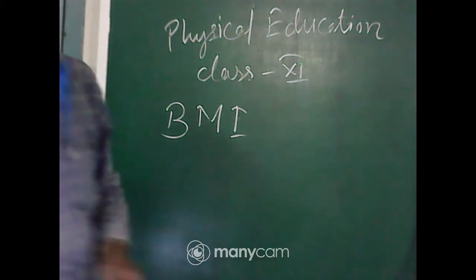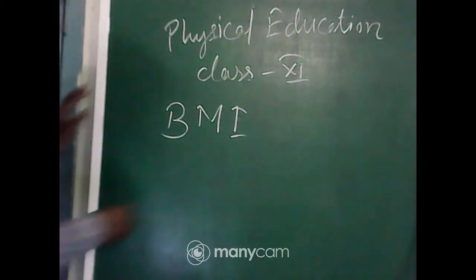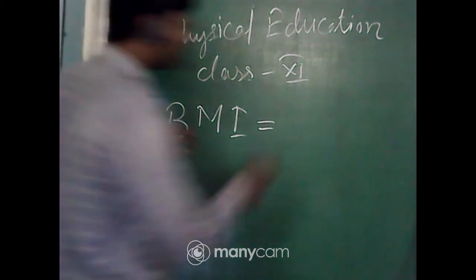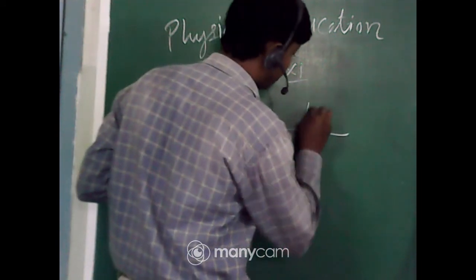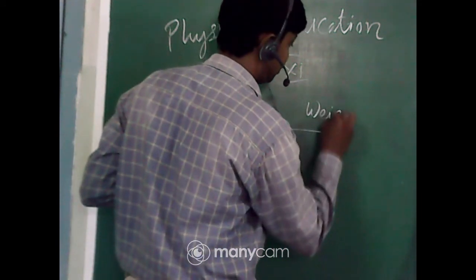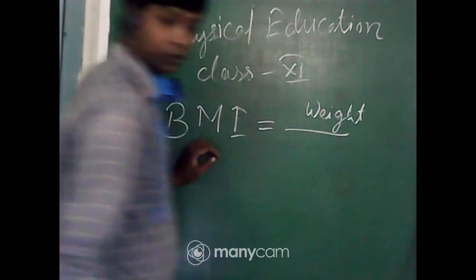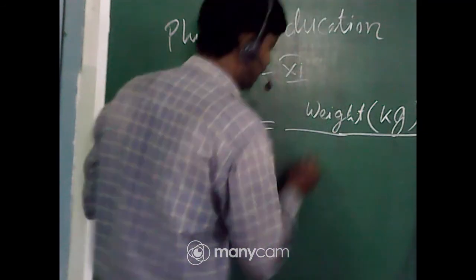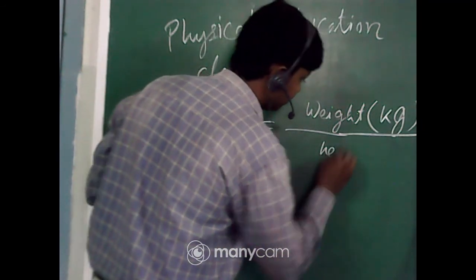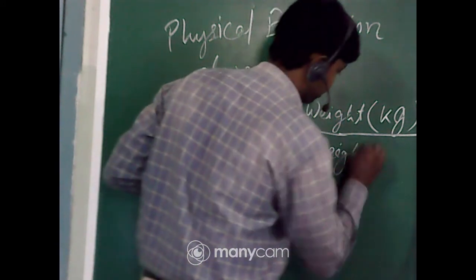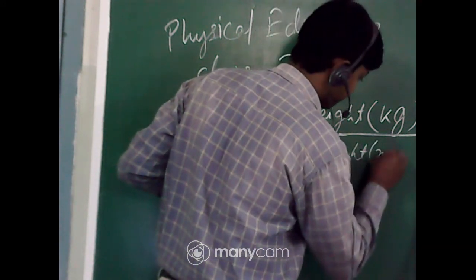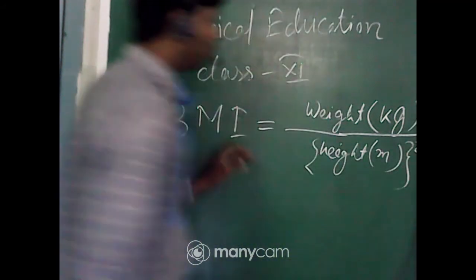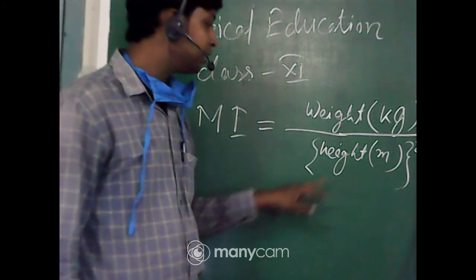So how do you calculate BMI? BMI is equal to weight in kg divided by height in meter square.